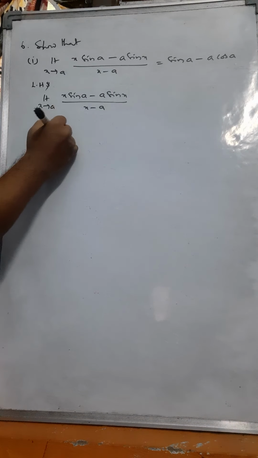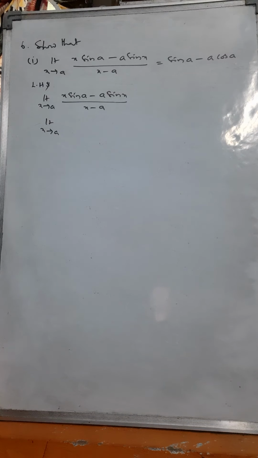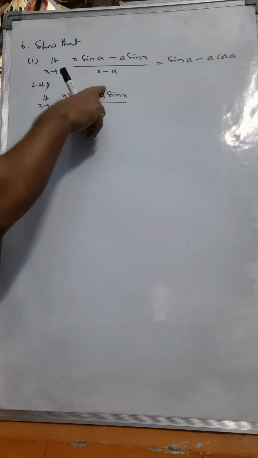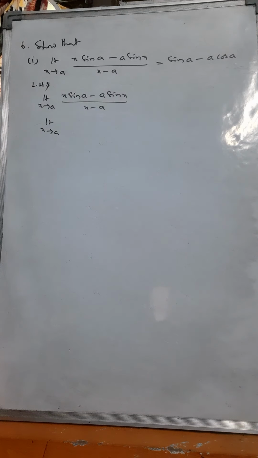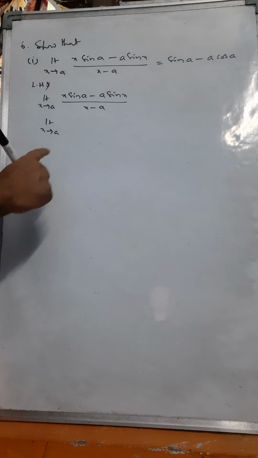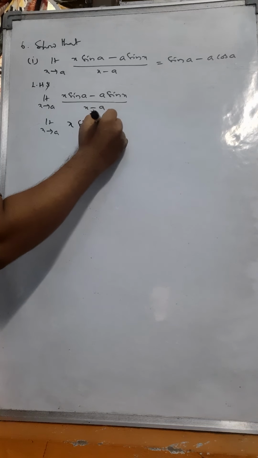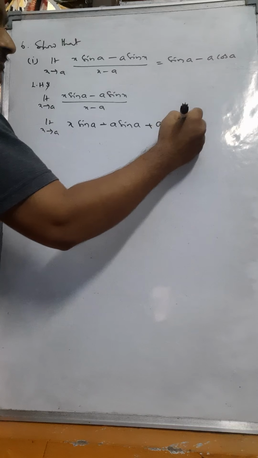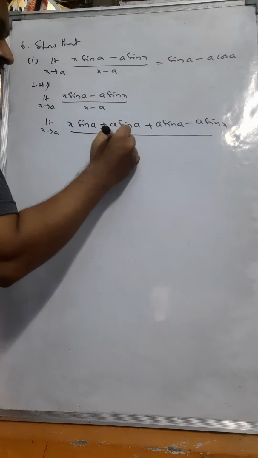Now for this problem we have to add and subtract a sin a. Why? Because here we have x minus a, and if we take sin a common, then we will get x minus a. For our convenience, we are adding and subtracting a sin a. So (x sin a minus a sin a plus a sin a minus a sin x) by (x minus a).